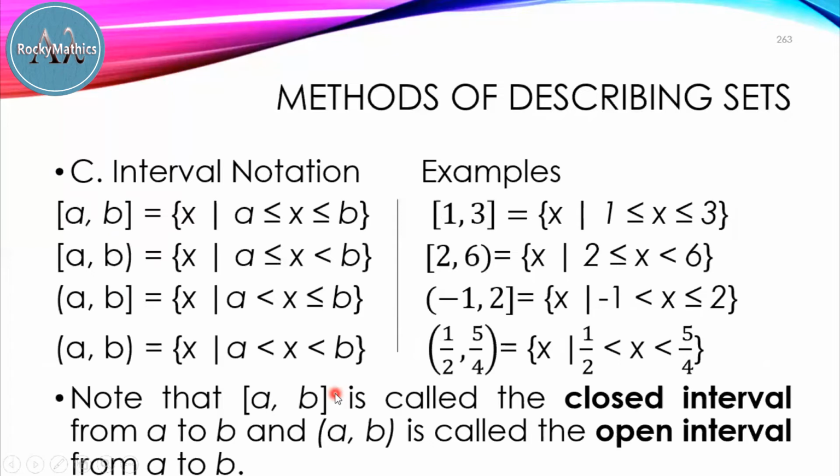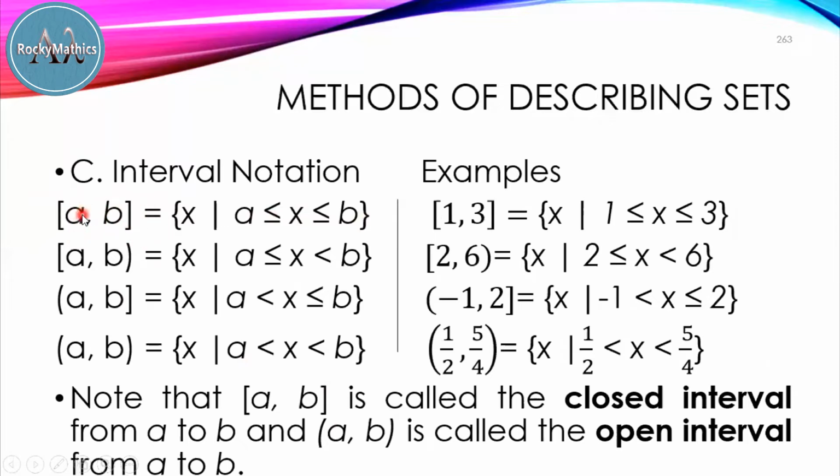Then the third one is the interval notation with the corresponding set builder notation. This is now the interval notation from A to B. So A is an element of this set and B is also an element of this set.